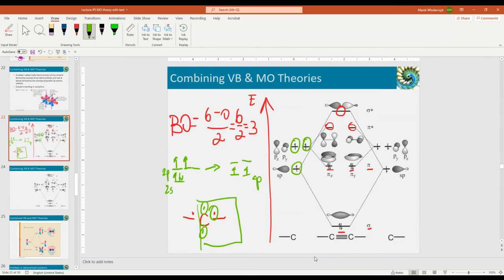Each and every one of them will have 1 electron now. These are the 2 p orbitals, and these are sp orbitals. Out of that, we use only 3 electrons to show the triple bond, because you have 1 sigma bond and 2 pi bonds, and the remaining electron here will be used to form the CH bond.